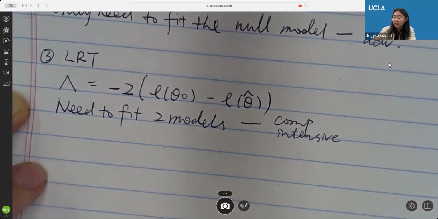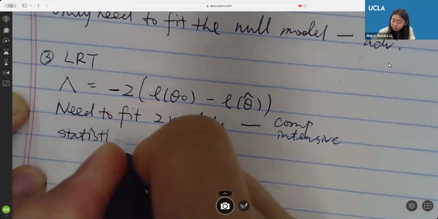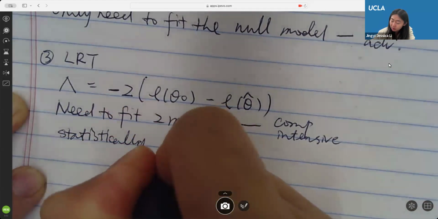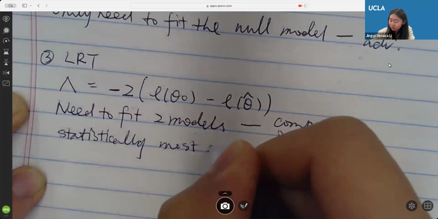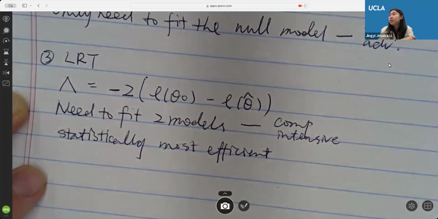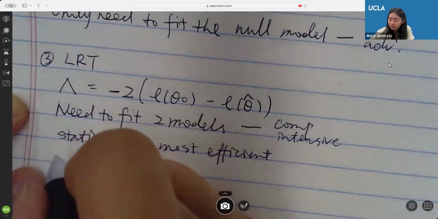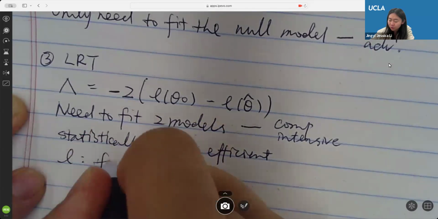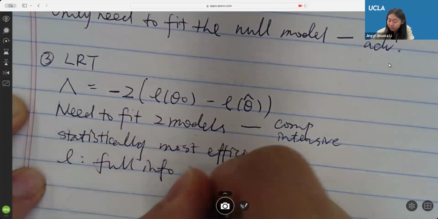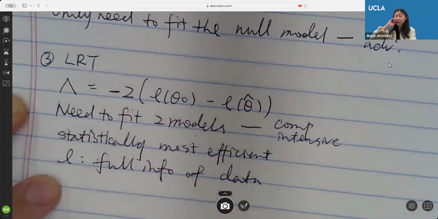But I can tell you that this one is statistically the most efficient. The intuition here is that the likelihood uses the full information in your data. You don't lose any information, because the likelihood captures everything.